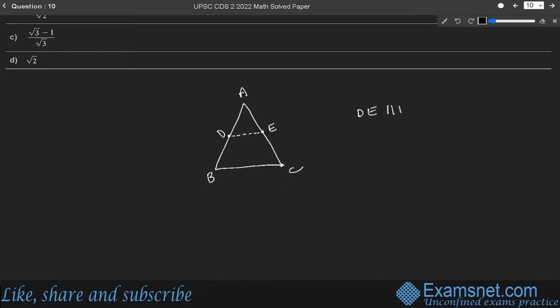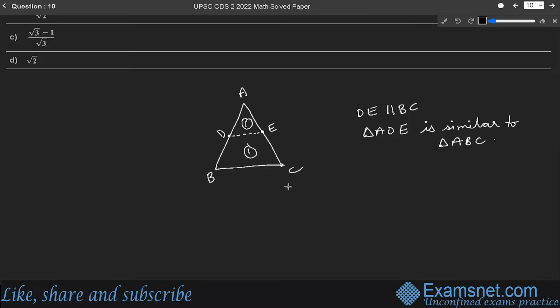Since DE is parallel to BC, it implies that triangle ADE is similar to triangle ABC. It is a very basic concept. Now you can see that the line segment DE divides the triangle ABC into two parts. This is the first part and this is the second part.